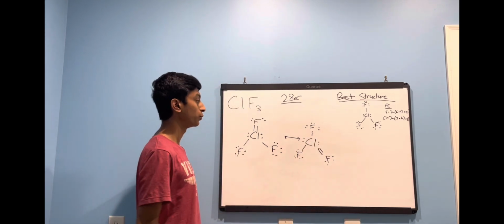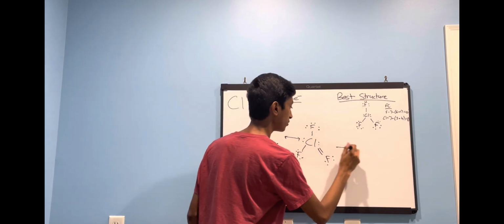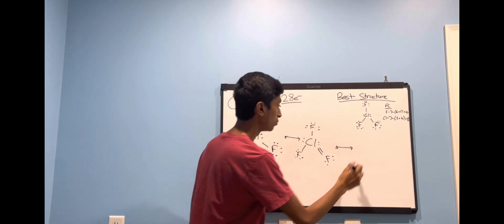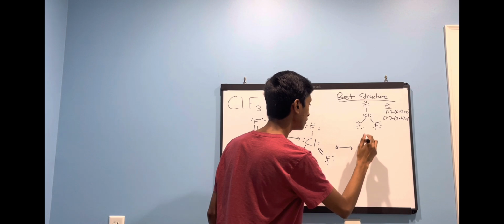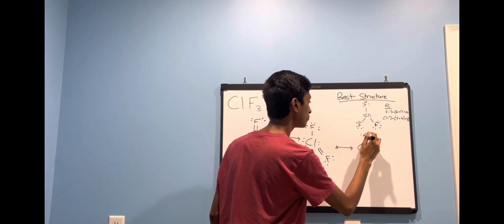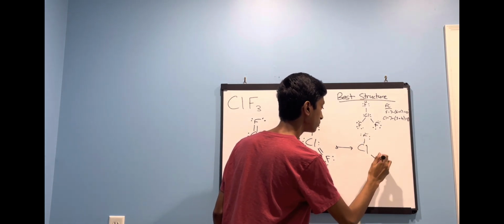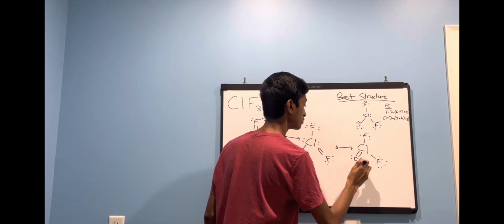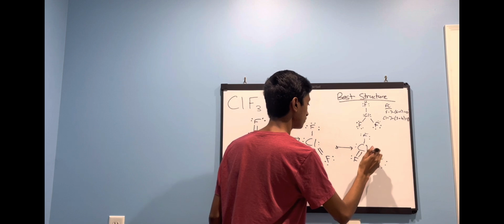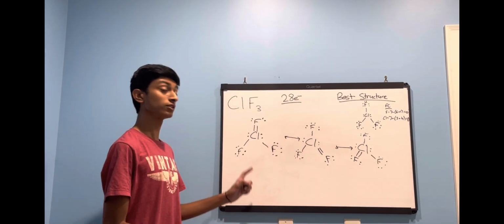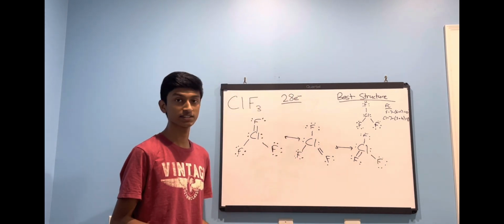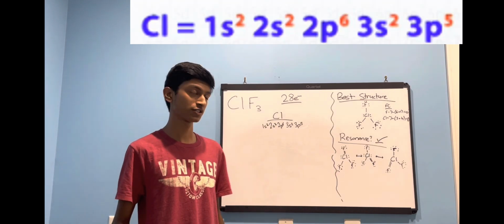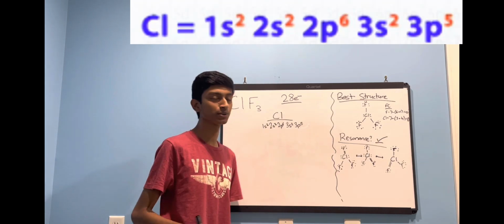And we can move it here again, so then just do double arrows, with chlorine, fluorine with 6, and a double-bonded fluorine here with only 2. So these structures are all the same. Chlorine trifluoride exhibits resonance.